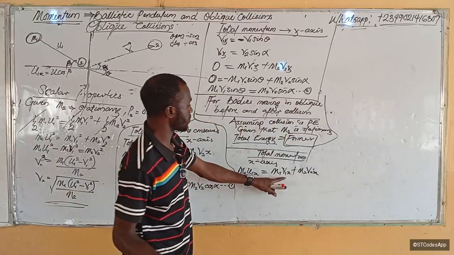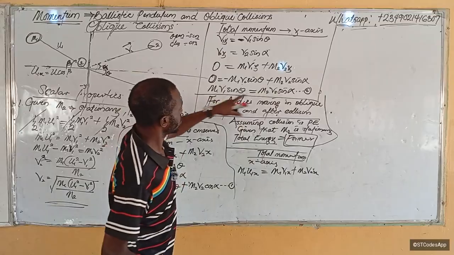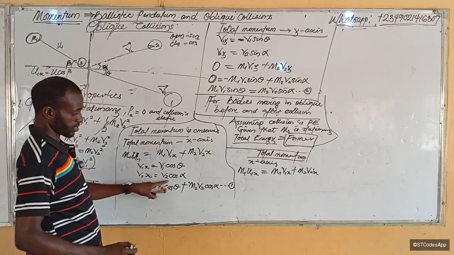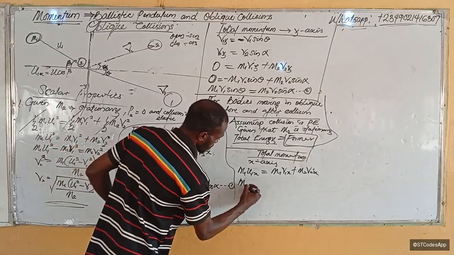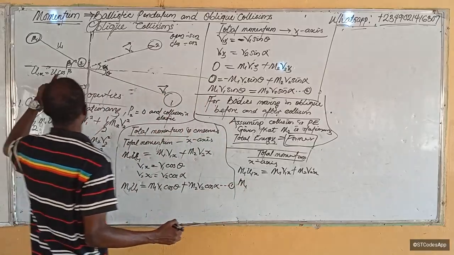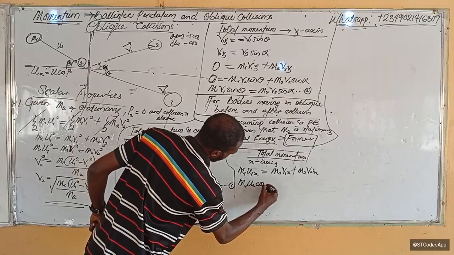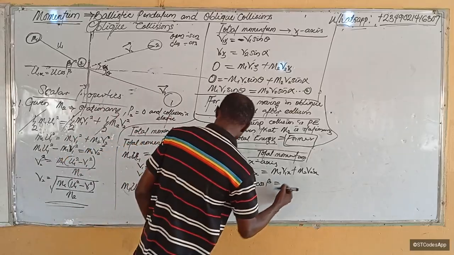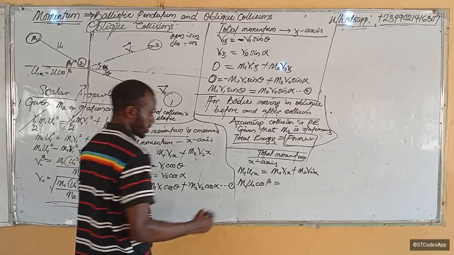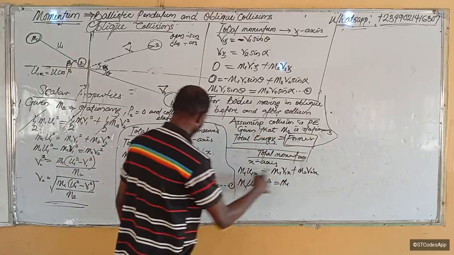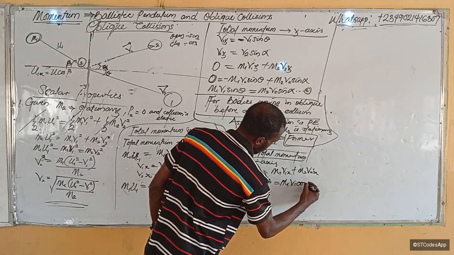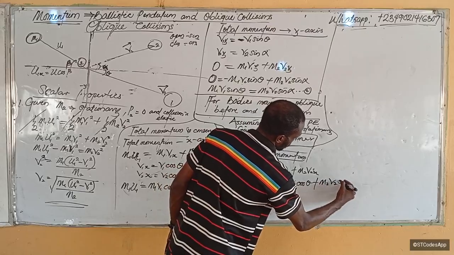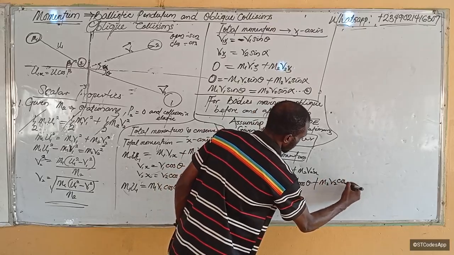We have gotten V1x before: V1x is V1 cos theta, V2x is V2 cos alpha. So M1U1 cos beta is equal to M1V1 cos theta plus M2V2 cos alpha.